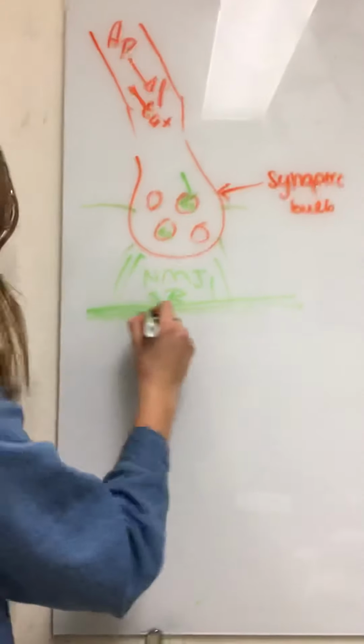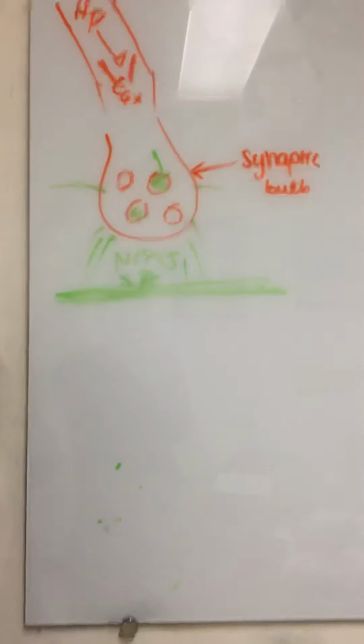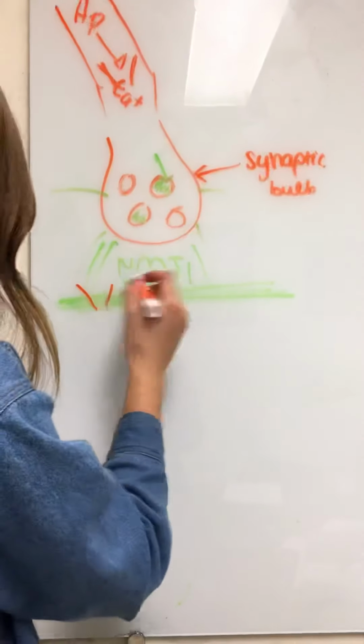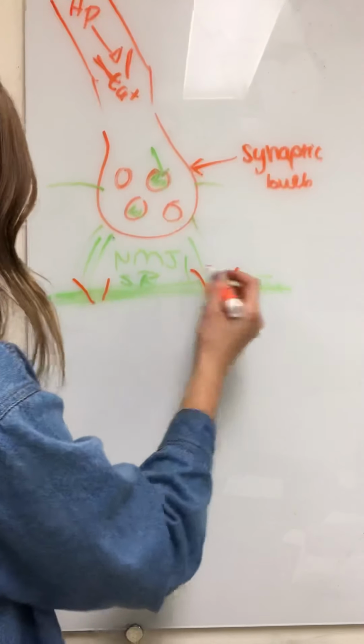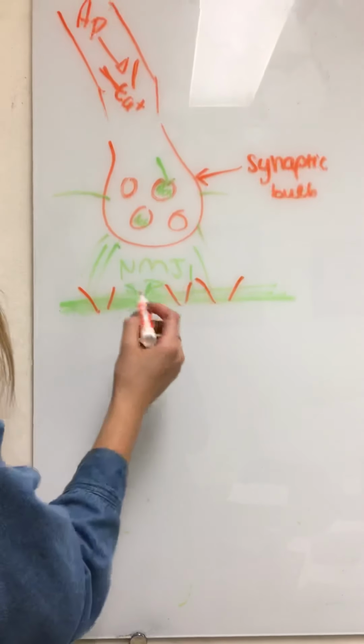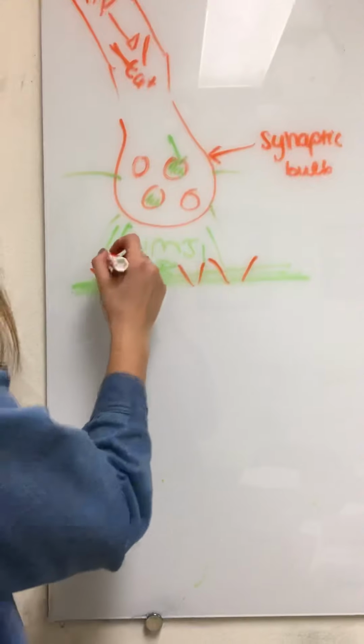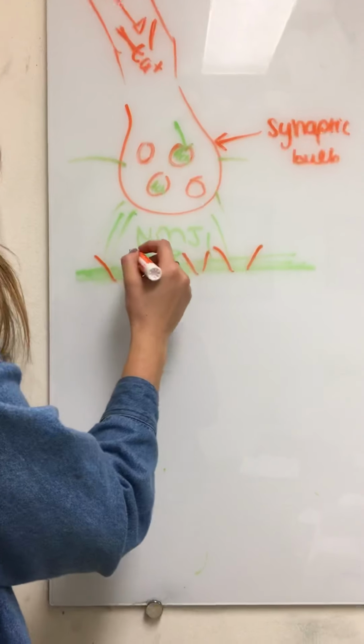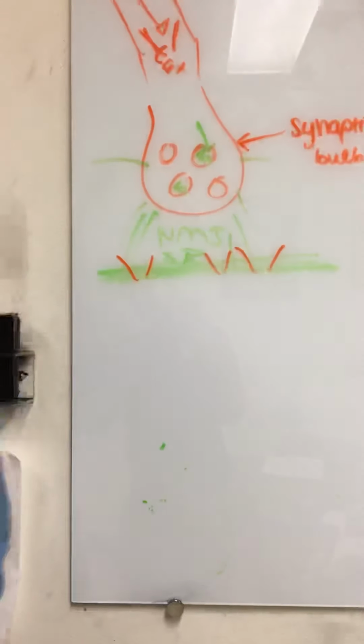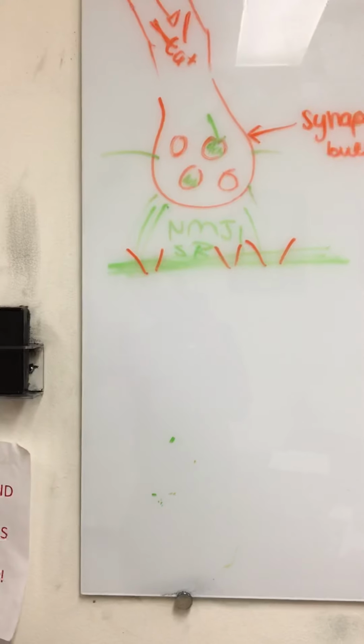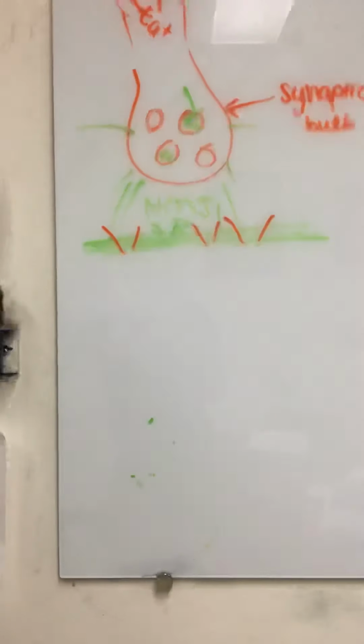And then here, there's ligand-gated channels. Where are the acetylcholine receptors? They're just on the sarcolemma. They're just here, okay.